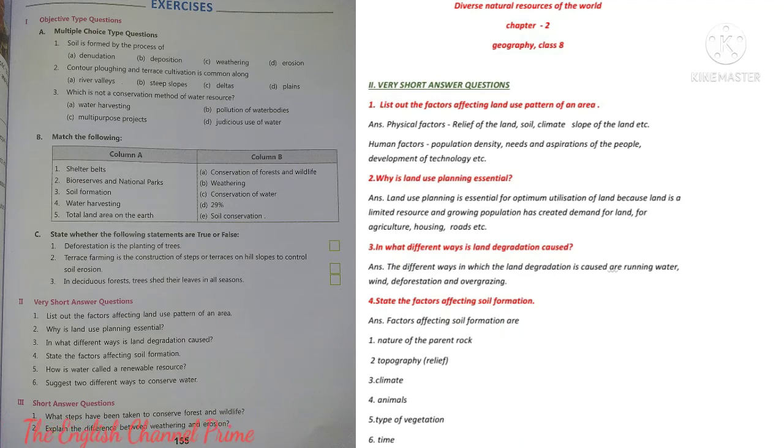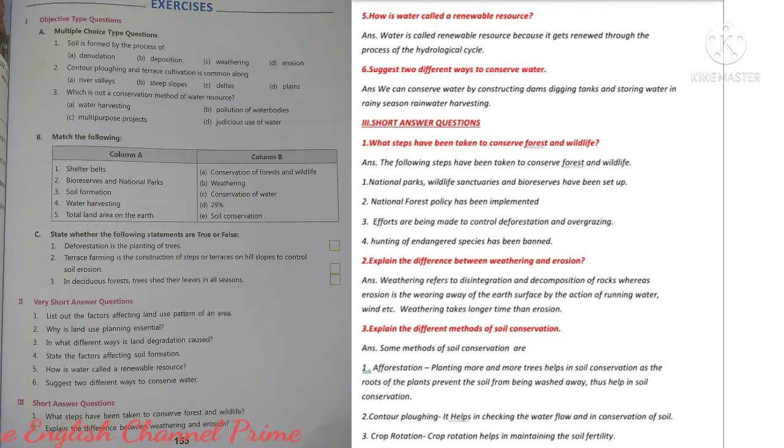Done. Fourth question, state the factors affecting soil formation. Answer, factors affecting soil formation are: first, nature of the parent rock; second, topography or relief; third, climate; fourth, the animals; fifth, the type of vegetation; and sixth, time. Next, fifth question, how is water called a renewable resource? Answer.